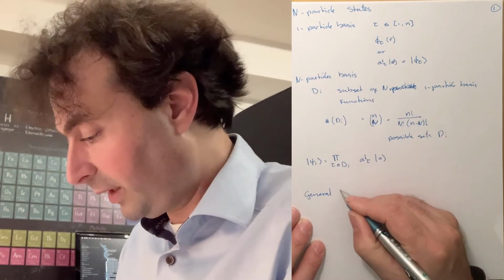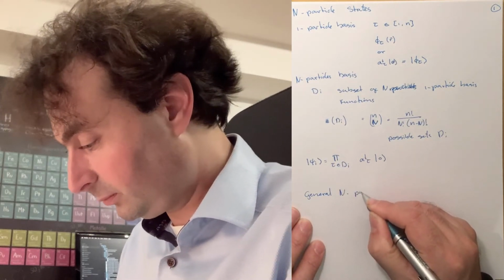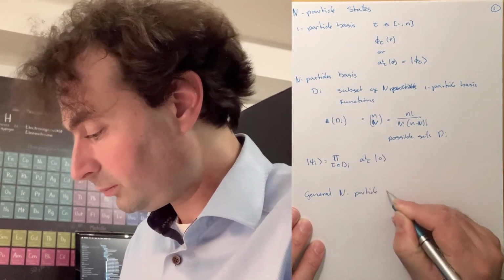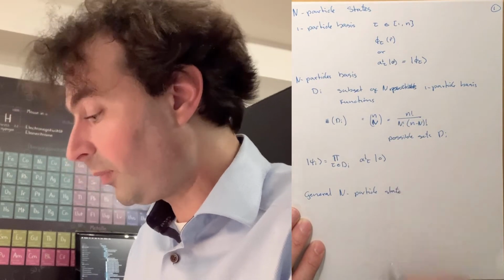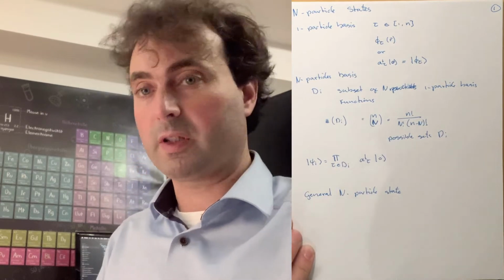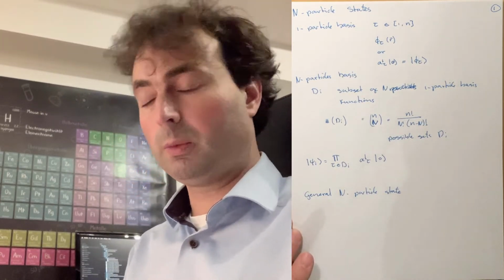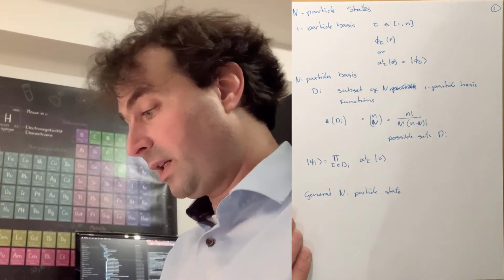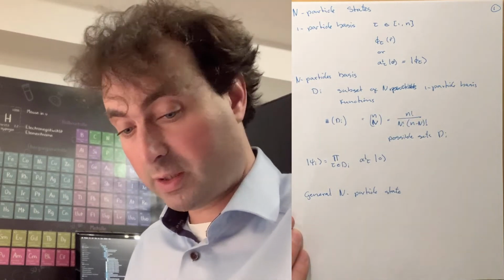So for a general n-particle state, these might not be the eigenstates, but they are all possible states that we can take. They are orthonormal, and as such they form a basis for our n-particle Hilbert space.